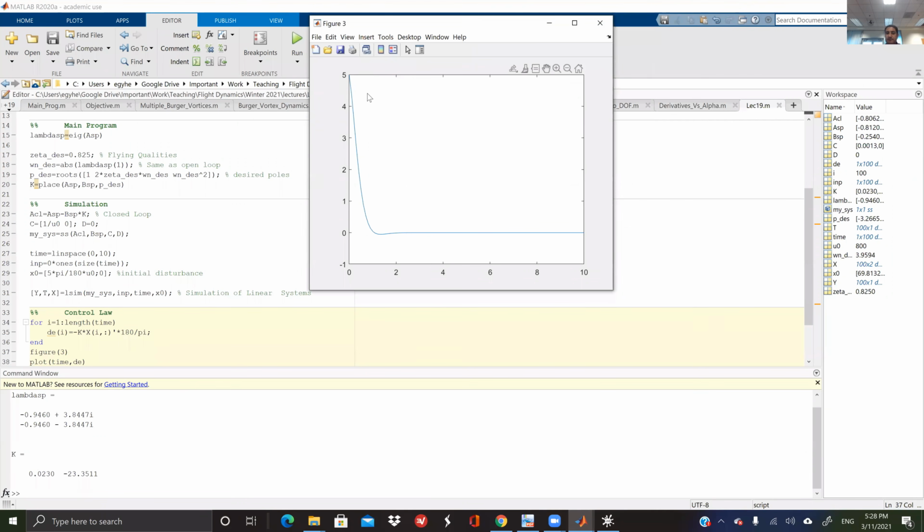But at any rate, we need to look at this. Why? Because I need to make sure to simulate all possible combinations of disturbances and make sure that my elevator deflection did not exceed the limits. Because if the required elevator exceeds the limit, what will happen in actual flight? It will not exceed the limit, right?